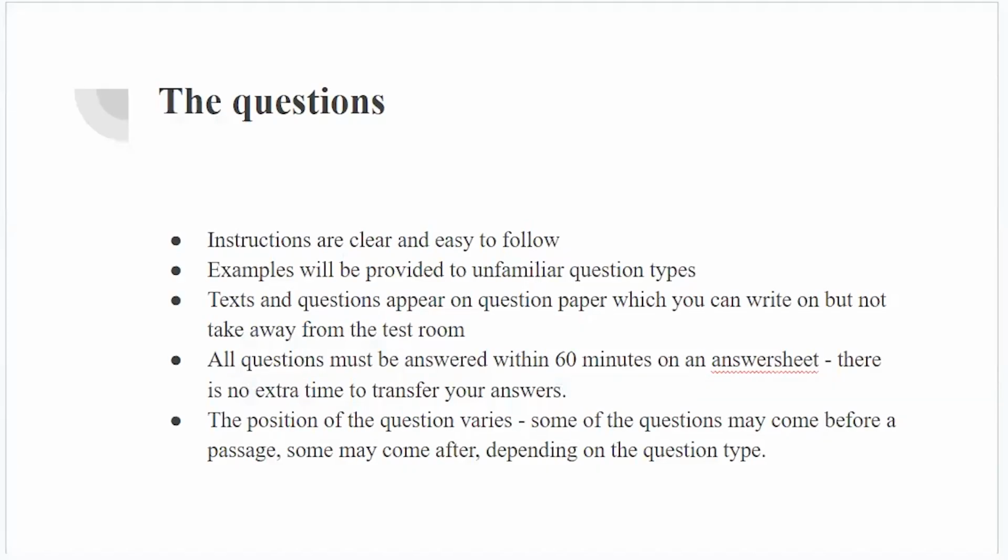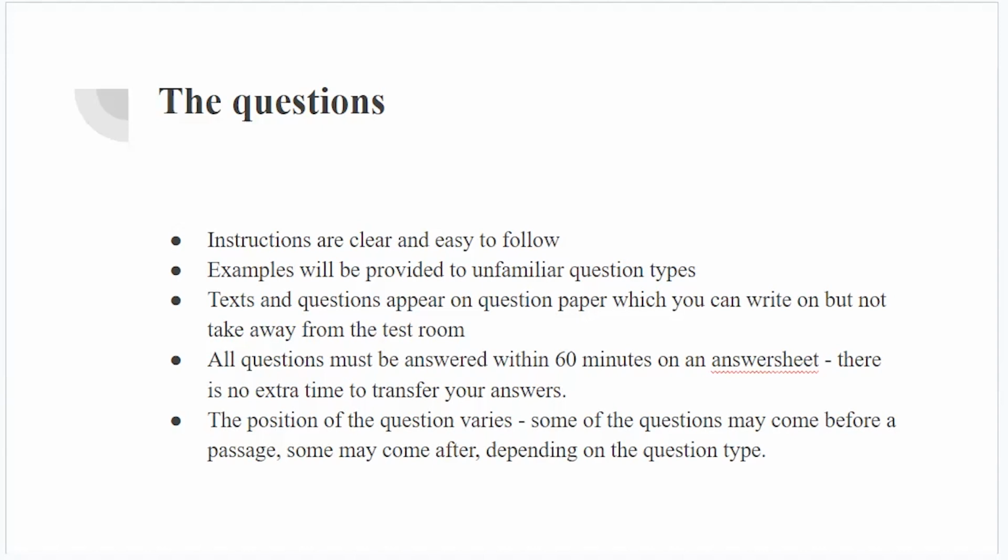So now let's go into the questions. The instructions are clear and easy to follow. In every question paper, the instructions will be provided, and they are so clear and easy to follow that we may not get confused.